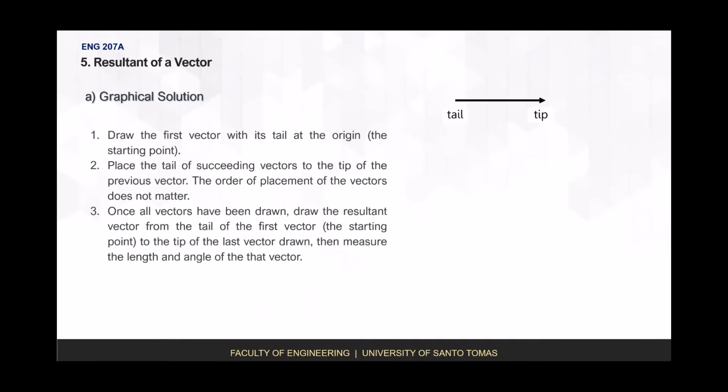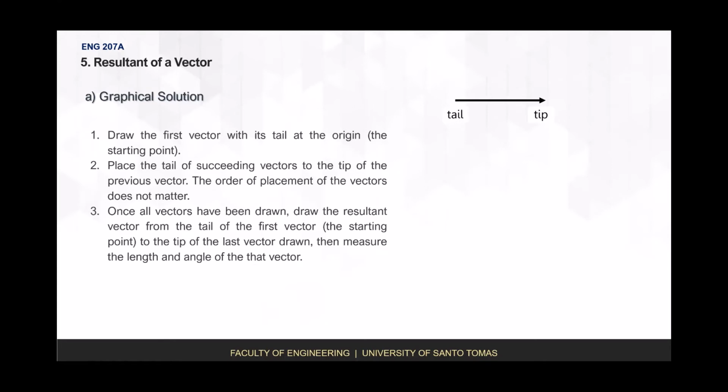All right, let's do this. Like I said, you can solve a vector either graphically, with literal pen and paper and ruler and protractor, or with the tail to tip method. Here are the steps to do that. Essentially, you just draw the first vector with its tail at the origin, the starting point. You place the tail of the succeeding vectors at the tip, so you do it one after another.